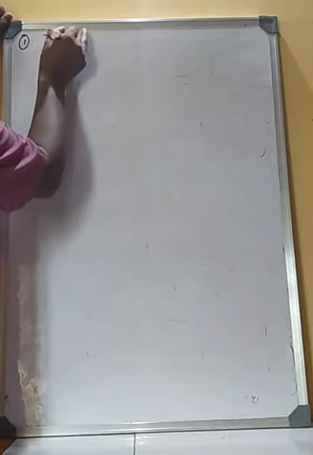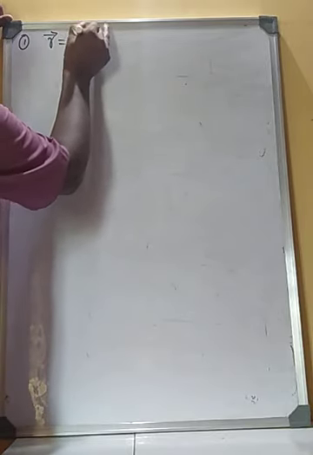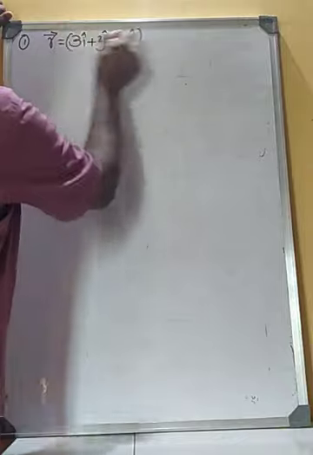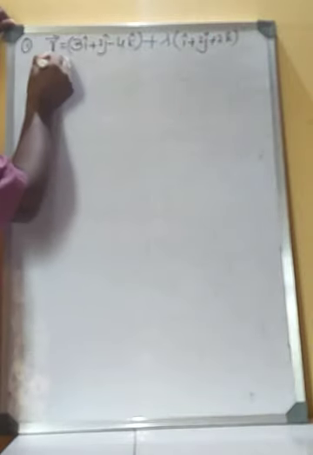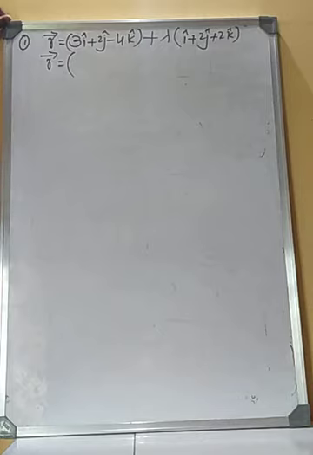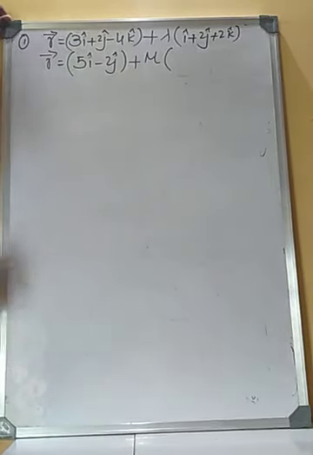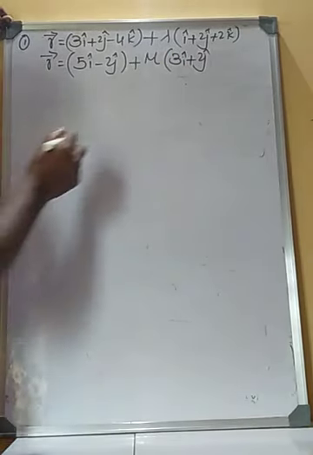Find the angle between the pair of lines given by r vector is equal to 3i plus 2j minus 4k plus lambda into i plus 2j plus 2k, and r vector is equal to 5i minus 2j plus mu into 3i plus 2j plus 6k.